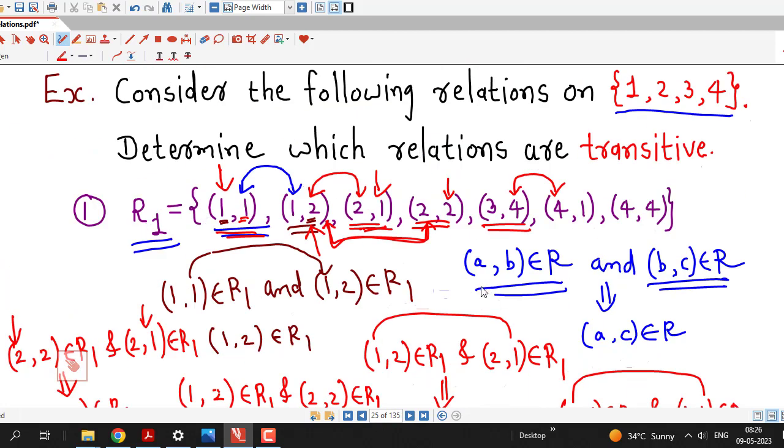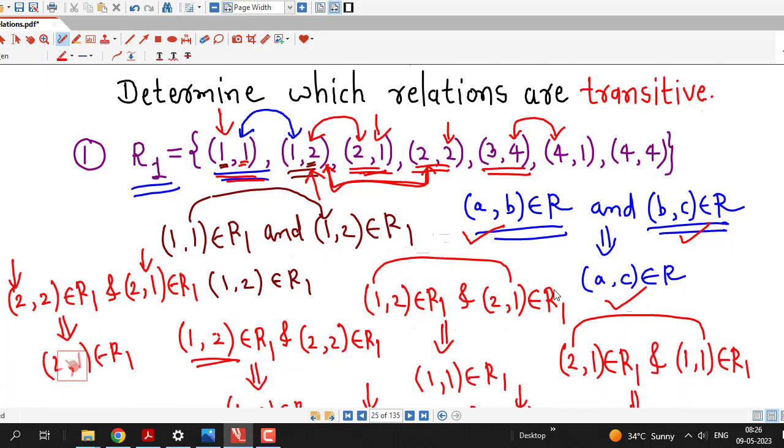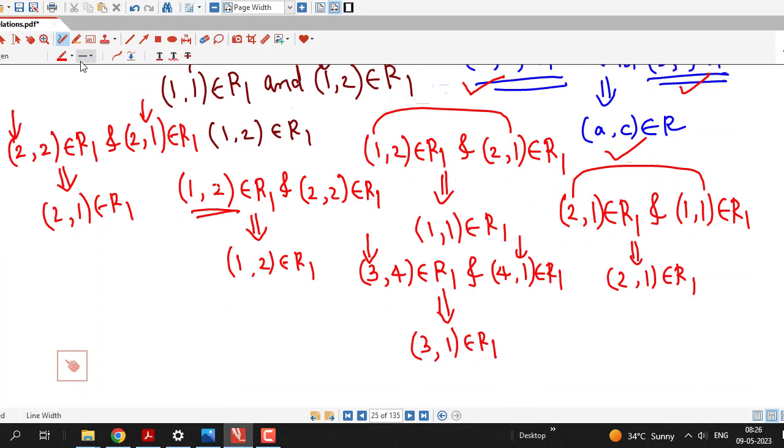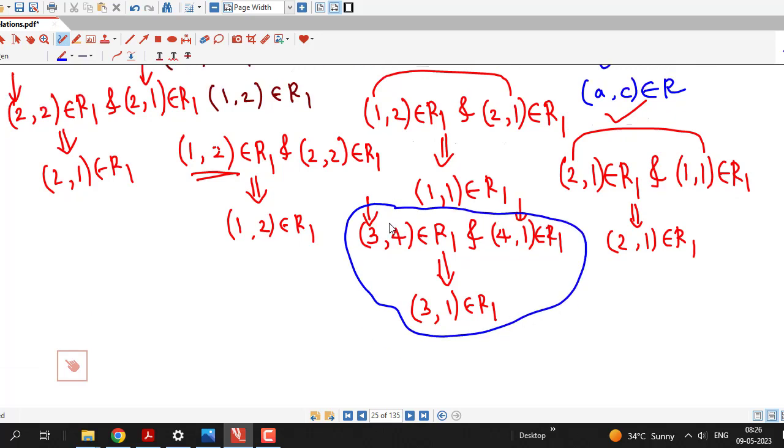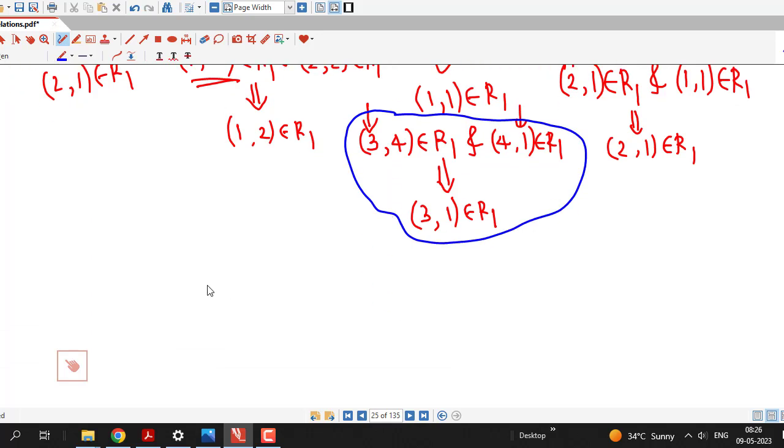So this relation is not transitive. If a relation is transitive, then whenever (a, b) belongs to R and (b, c) belongs to R, we must have (a, c) belongs to R. So we have to check all possibilities of this type. If the relation is not transitive, then we have to find at least one pair for which this condition is not satisfied. So here our search finishes.